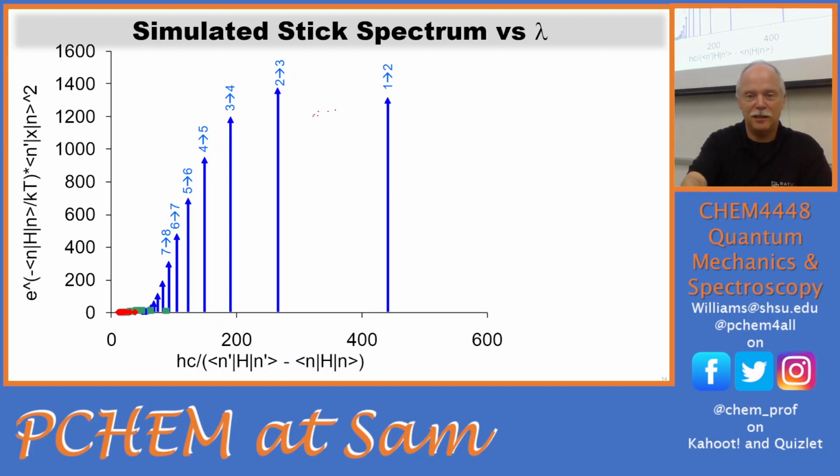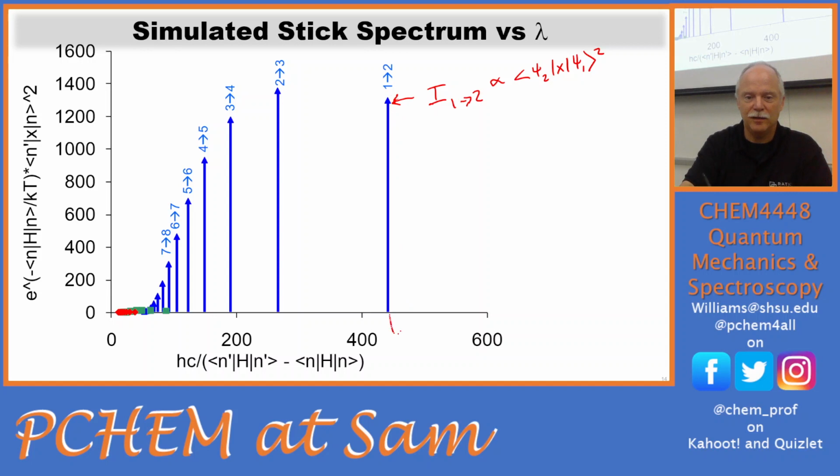This is the transition dipole moment intensity. This is I 1 to 2, which is proportional to the transition dipole moment of psi 2 x psi 1 squared. Okay, and so we squared that. That's the y value, the vertical axis value.